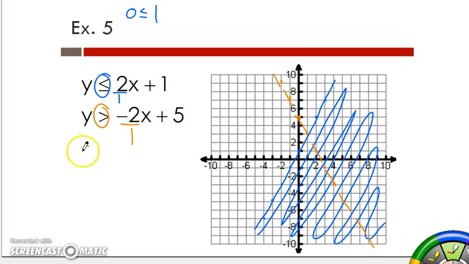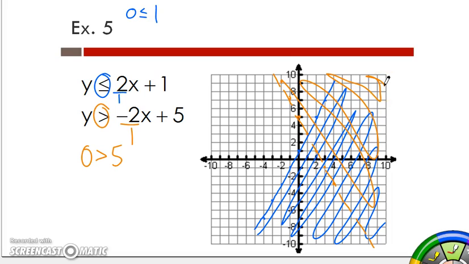So I'm going to plug in (0, 0) because I'm not on that point again. If this is a true statement, I'm going to shade on this side. If it's not a true statement, I'm going to shade on the side that is over here. So I have 0 is greater than 5. Is 0 greater than 5? No, it is not. So I am going to shade this area over here.